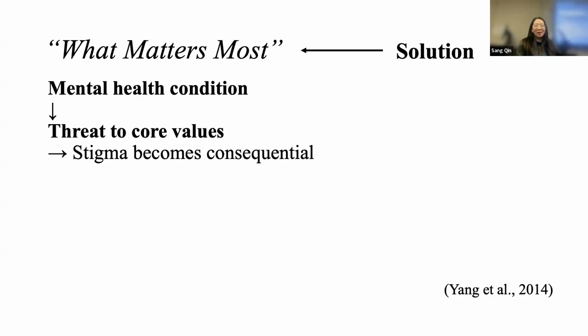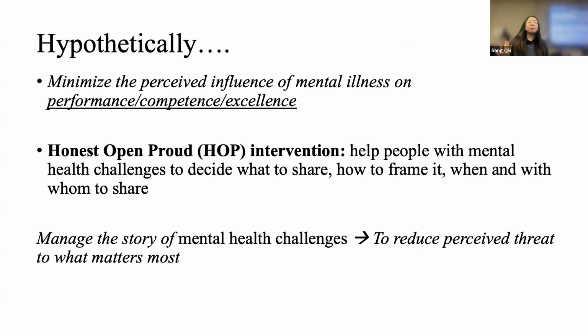So yes, we are here to learn about the issue we notice, what matters most to the community, and that should be where we offer the solutions. Let me make a hypothetical case, then we can transition into how we can use this information for co-design. Hypothetically, let's say the community believes work is very important, and mental health is a threat to my work. Then the solution is addressing the stigma of mental health, the disconnect between mental health threats and work, the core value of the community.